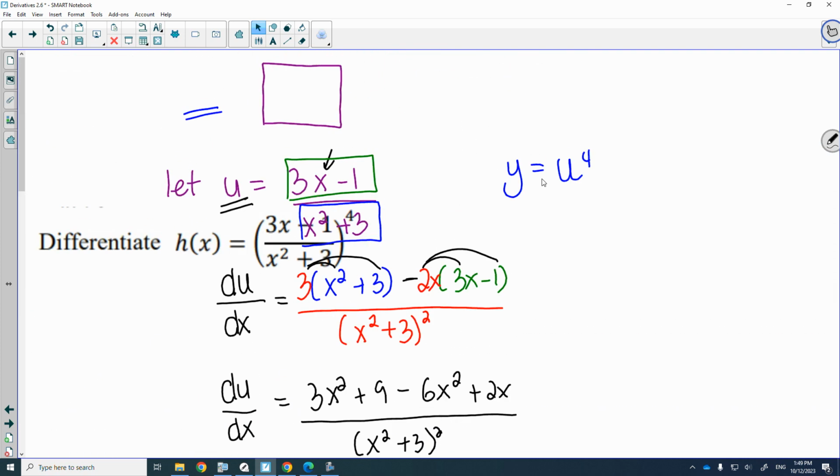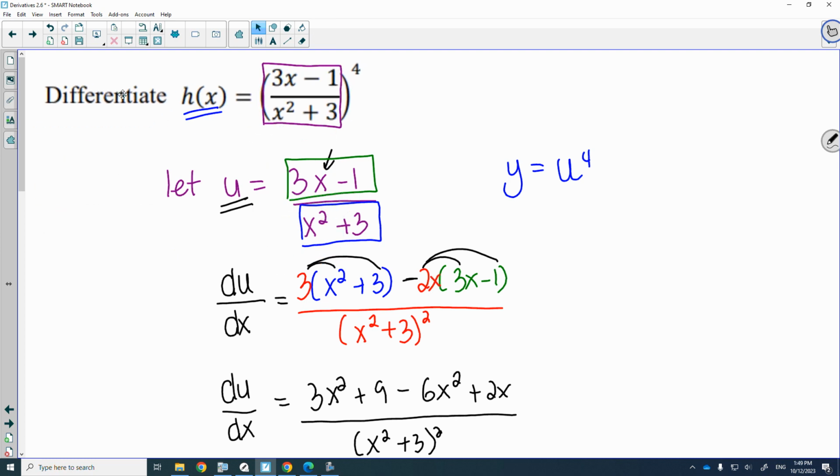Okay, let's take the derivative of this function. What would you write for this one? First, d what over d what?